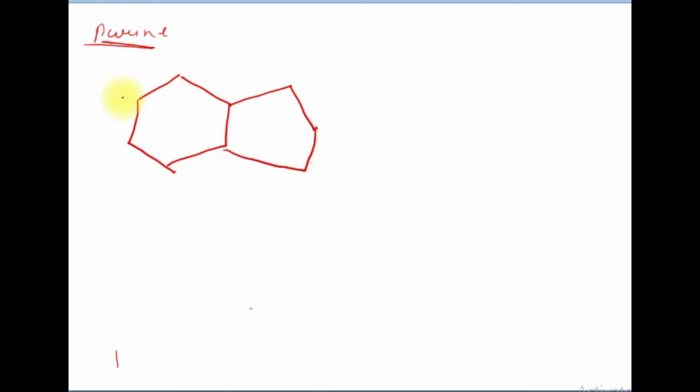The numbering starts from this position: 1, 2, 3, 4, 5, 6, 7, 8 and 9. These positions are made up of nitrogen and carbon atoms, in the sequence NCN, CCC, NCN. In the first position, nitrogen is present.